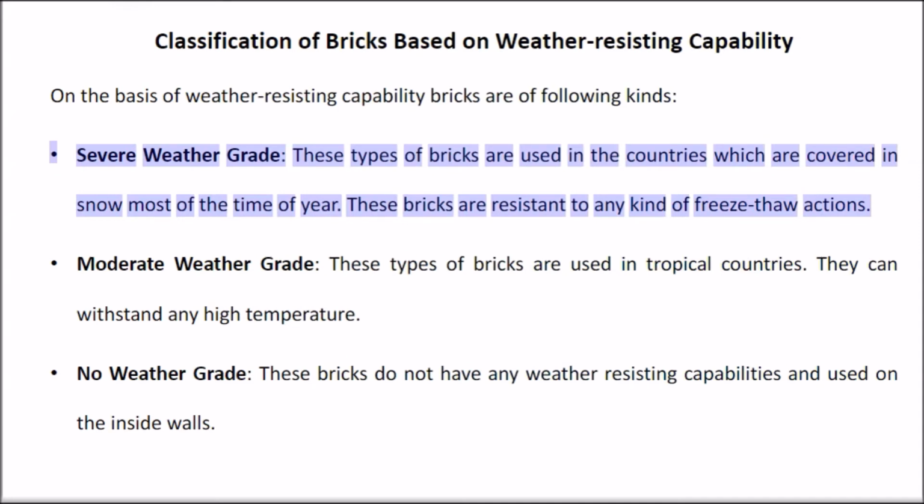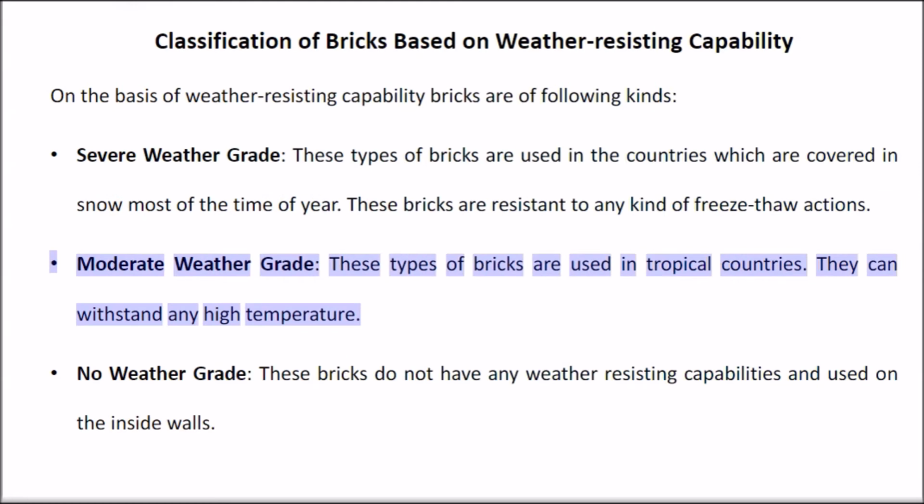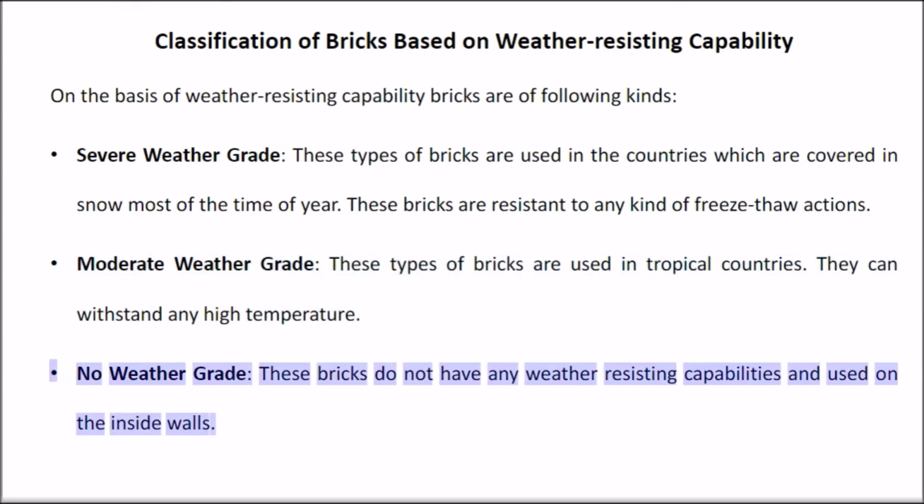These bricks are resistant to any kind of freeze-thaw action. Moderate weather grade. These types of bricks are used in tropical countries. They can withstand any high temperature. No weather grade. These bricks do not have any weather-resisting capabilities and are used on the inside walls.